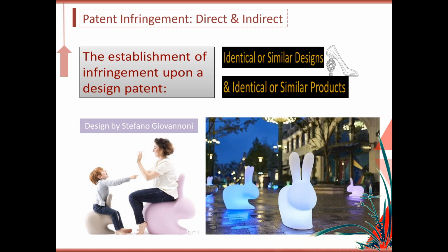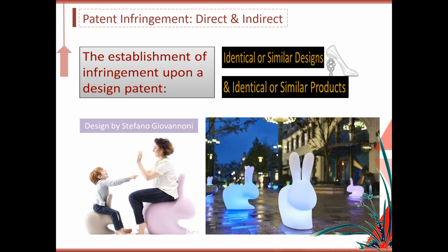The Guangzhou IP court concluded that it was infringing because, to determine whether the products are identical or similar, the class which the patent owner nominated for the design to be applied for is a very important factor to be considered.